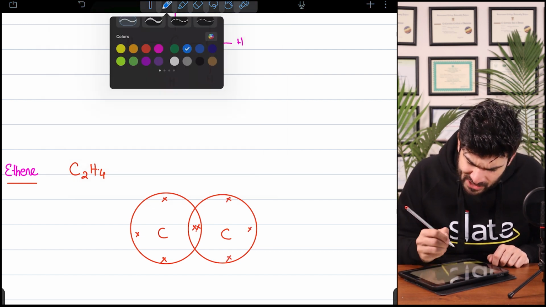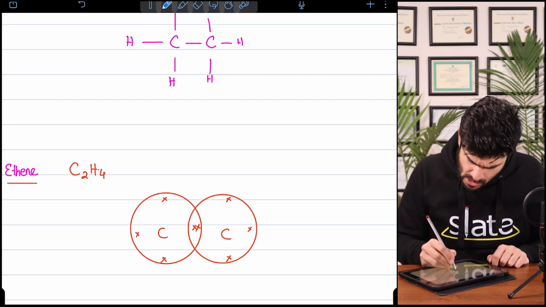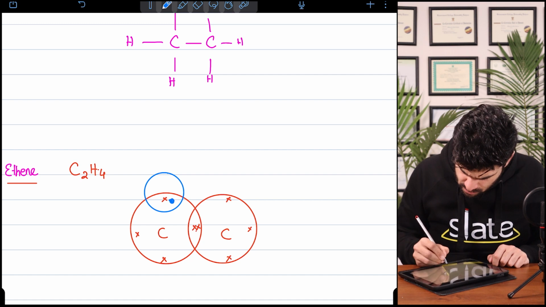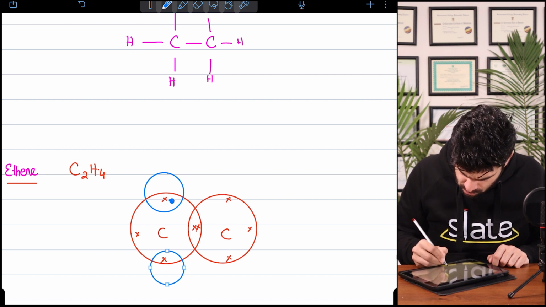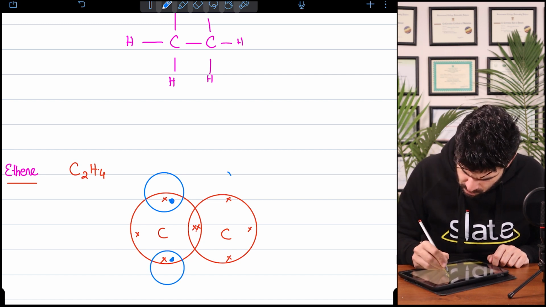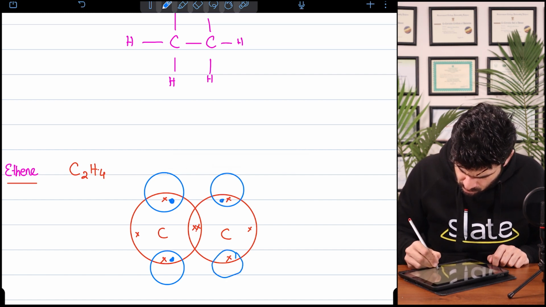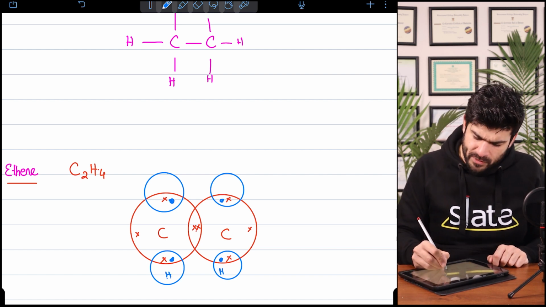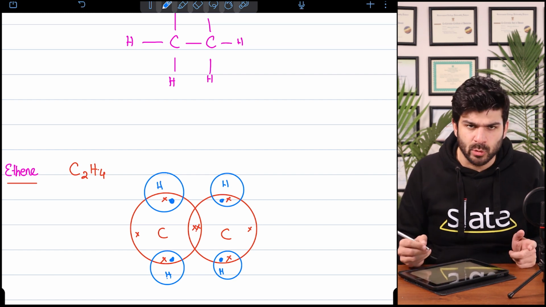But this time we have lesser hydrogens. We have 4 hydrogens. So 2 for this one, and 2 for this one. Hydrogens are balanced. Obviously, they have their 2 electrons.